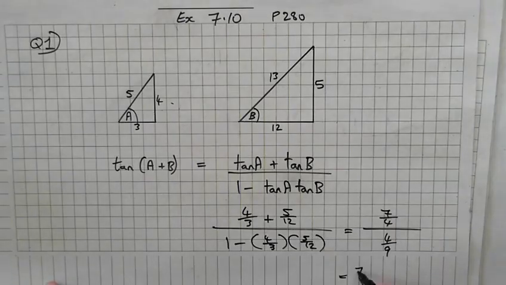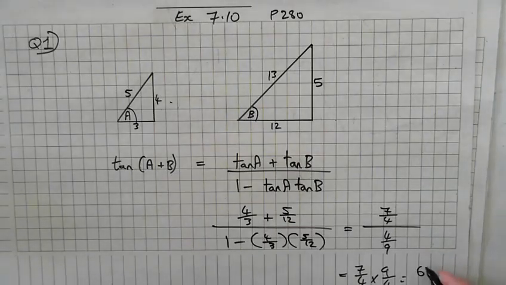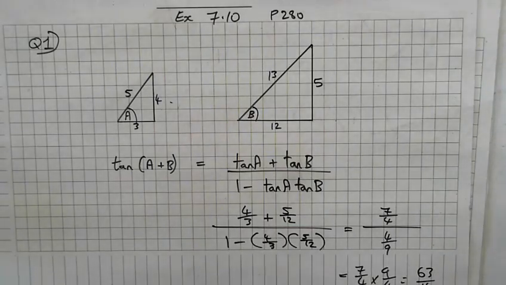So that's the same as 7 over 4 multiplied by 9 over 4. 63 over 16. 3.9375, so 63 over 16.